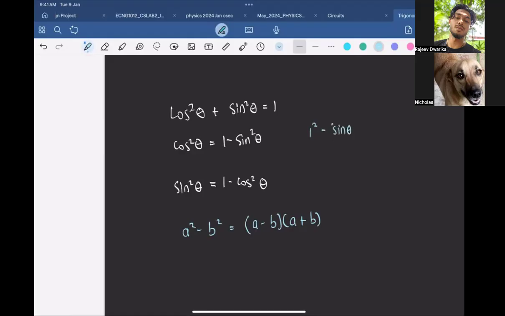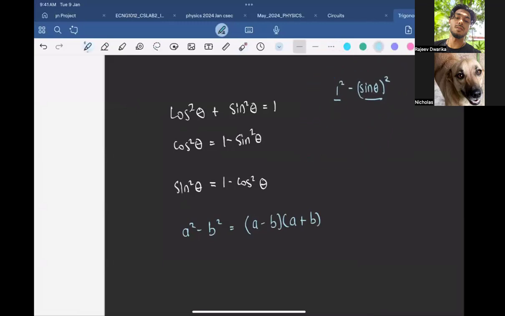So what is A and what is B? A squared is 1 squared, so A is 1. And B squared is sin theta squared, so B is sin theta.